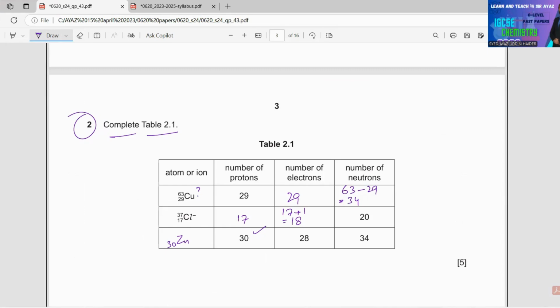Number of electrons: they have given 28 as the number of electrons, which means it has lost 2 electrons. So you have to write the charge on Zn, which will be +2. What about nucleon number? Add number of neutrons and number of protons. So 30 plus 34 becomes 64. So I will write 64. This will be the final answer.